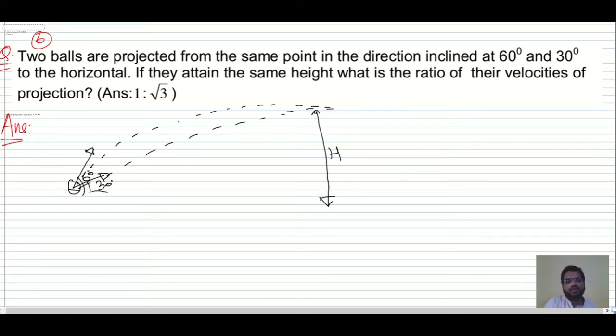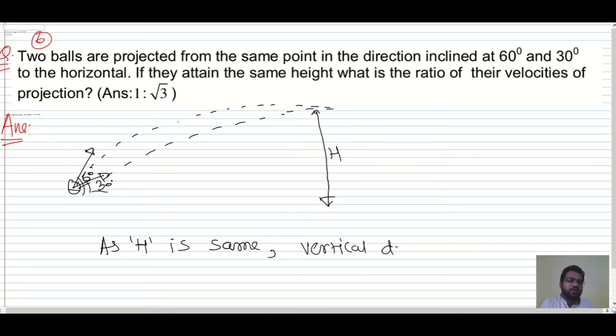Okay, now see, as height h is the same, the vertical direction velocity must be the same.